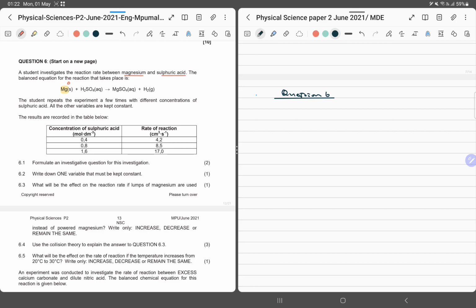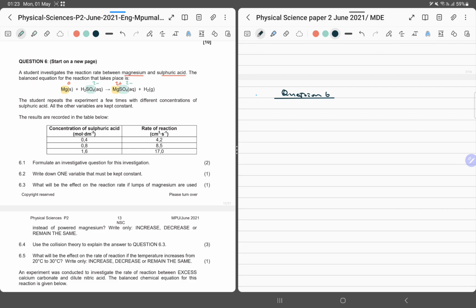But look at magnesium in this instance here. Magnesium is basically 2 plus because the sulfate ion is a 2 minus. And as you can see, the sulfate ion here is also a 2 minus. So it is a spectator ion here. It's not taking part in this reaction per se.